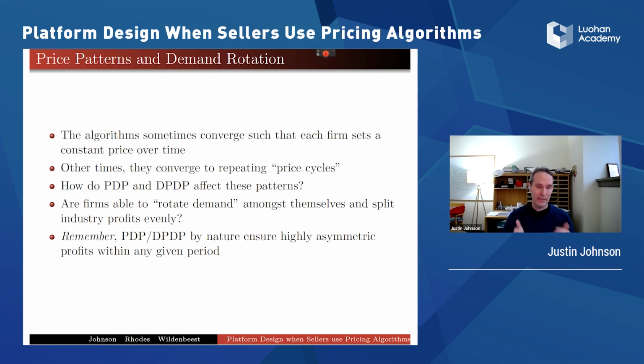Then in any given period, only 1 firm is shown to consumers, so the other firm gets 0% of the market. Within a given period, these policies generate highly asymmetric outcomes in terms of, say, the profitability of the 2 firms. But what happens over time?